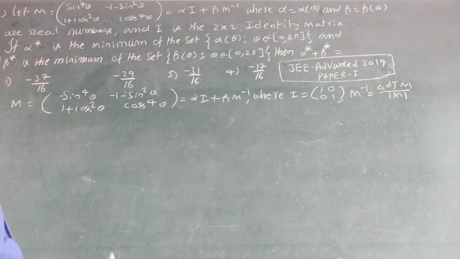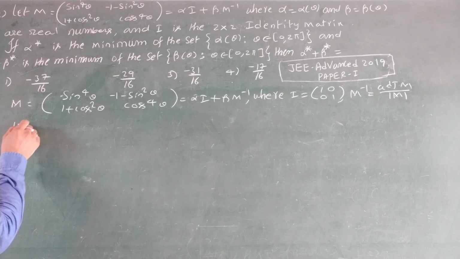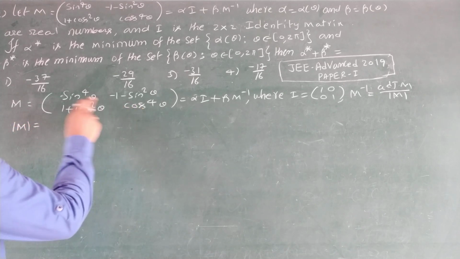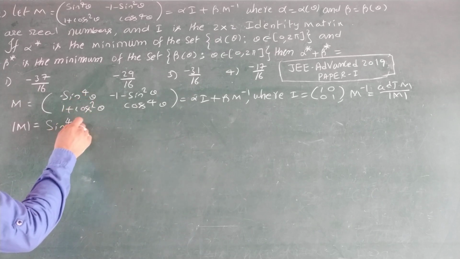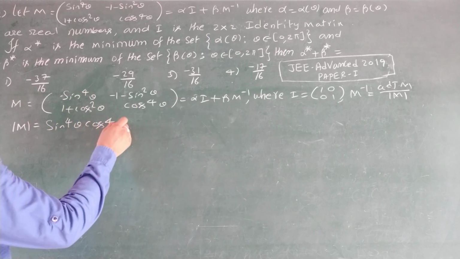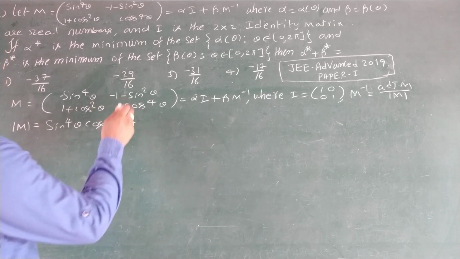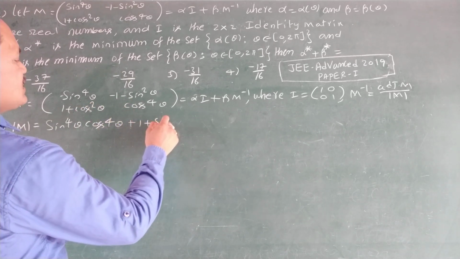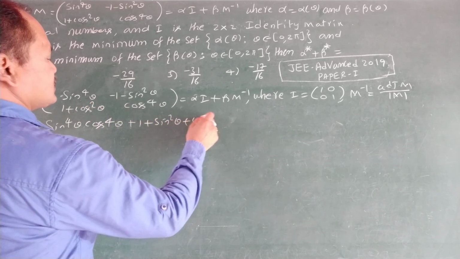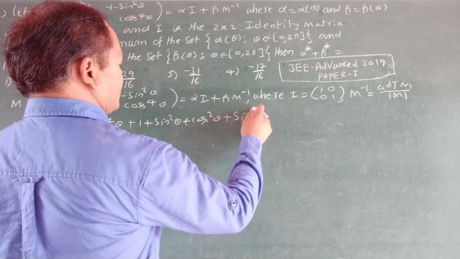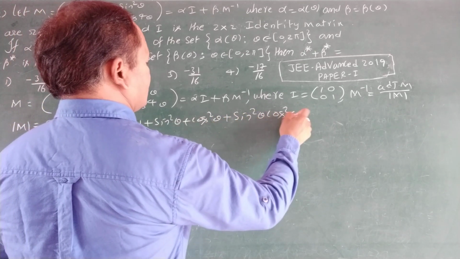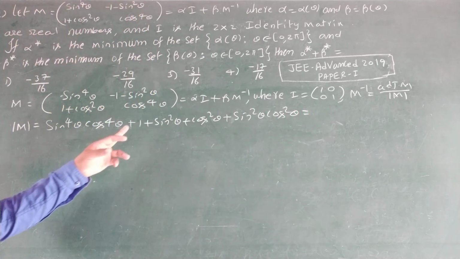Now, to find det M, the determinant of M, we have to find AD minus BC: sin^4 θ cos^4 θ plus (1 + sin^2 θ)(1 + cos^2 θ). Now we have to simplify this one.